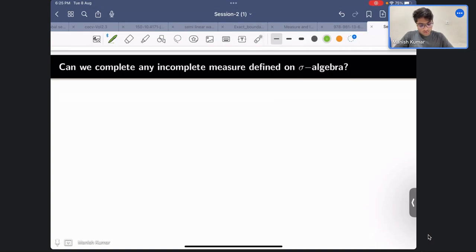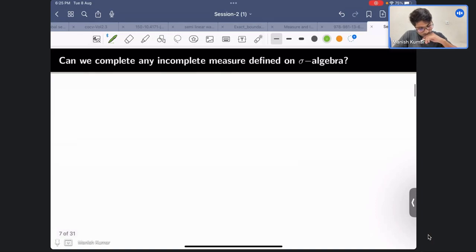Okay, so now, let us talk about this first. You have seen this result, that mu bar is a complete measure.